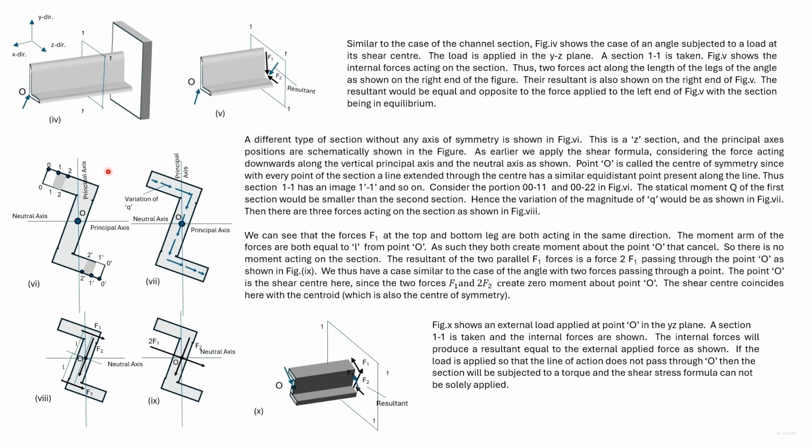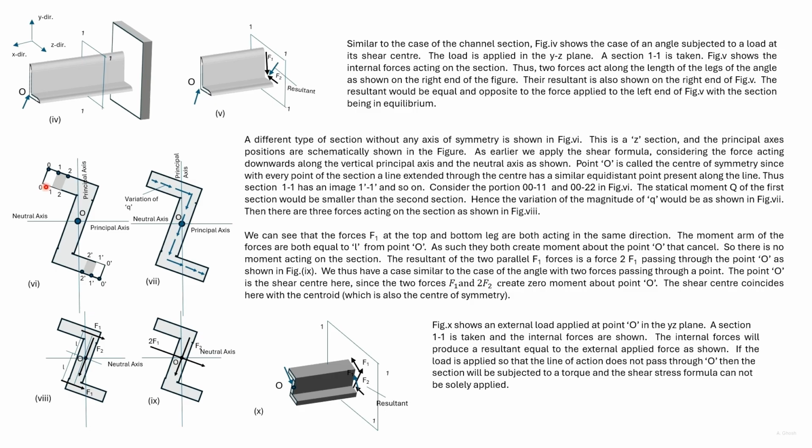If we apply the load along the principal axis, then the flexure formula is applicable. The shear formula is based on the flexure formula. For the force applied along the principal axis, we can find out the shear stress and the shear flow using the shear formula. Consider section 1-1.